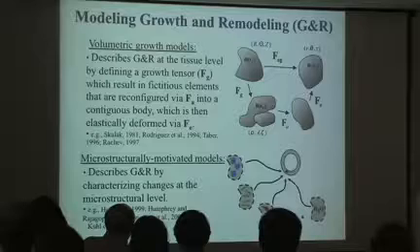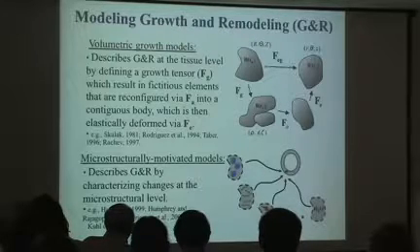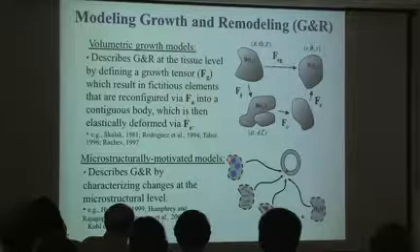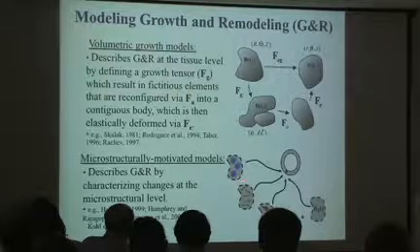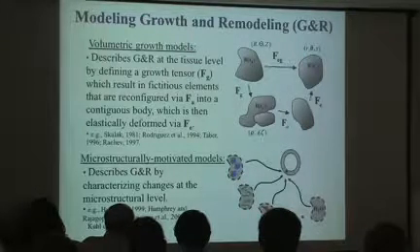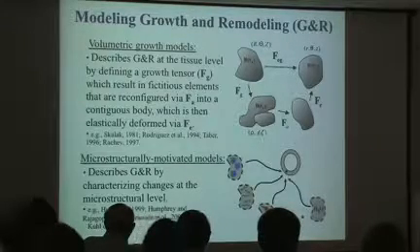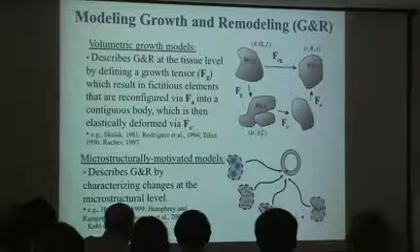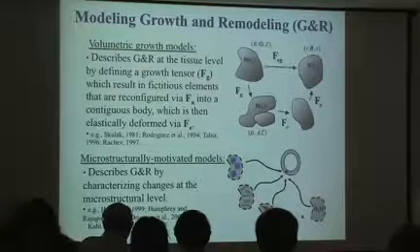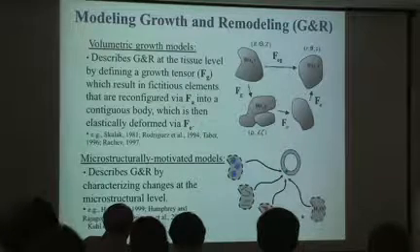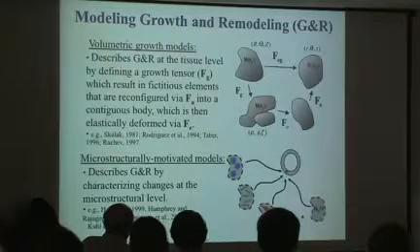And the second class is what I collectively call microstructurally motivated models, where growth and remodeling is described by changes at the microstructural level. Here are things like collagen, elastin, muscle cells, other key structural proteins. How do these things change? And then with that information, can we predict how things change at the tissue level? This is the approach we've mainly taken in our lab, although we have worked in both areas.